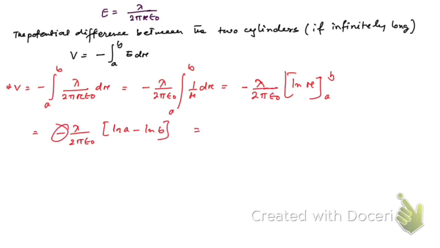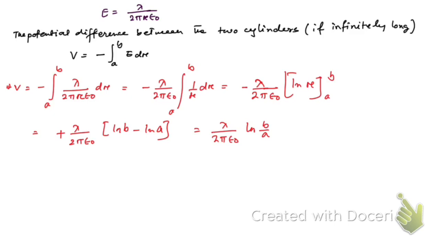And if you multiply this minus sign, it's going to be natural log b, and here it's going to be a if you make it positive, right? And we know log m minus log n is log m by n, right? If we use that property, ln is nothing but natural log, that means if the base is e. So here lambda by 2 pi epsilon naught, we have got ln b by a, that's what we have got.